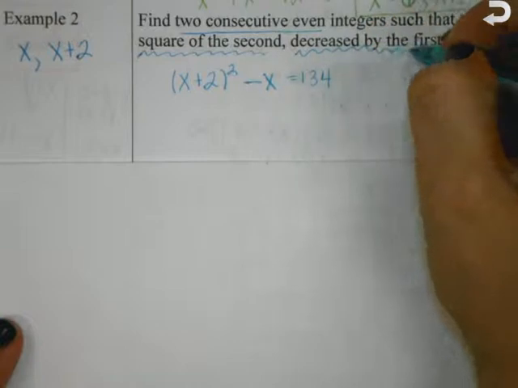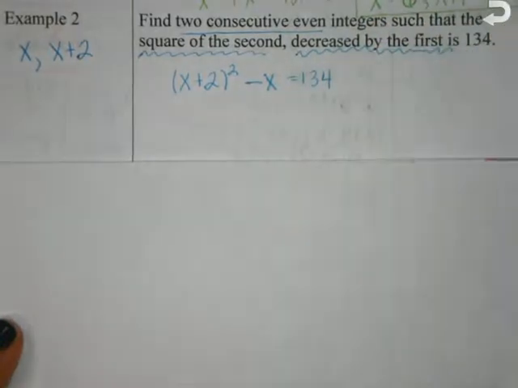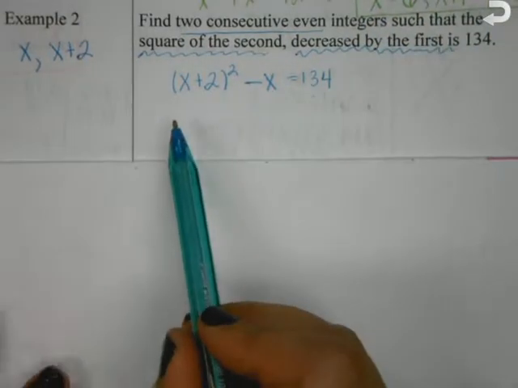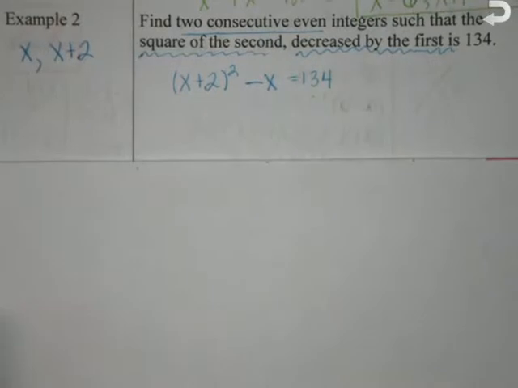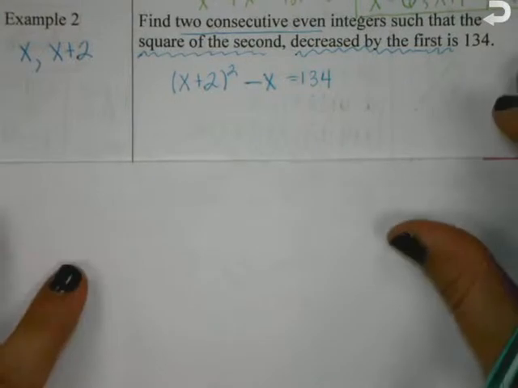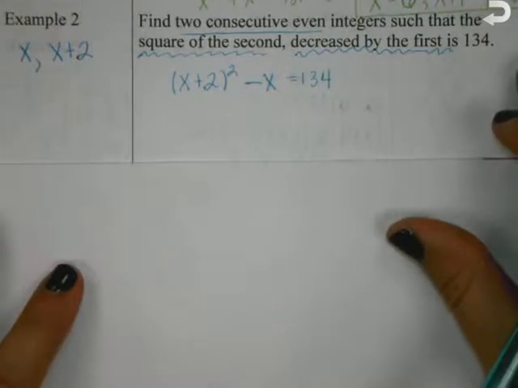How would I expand that problem? Can I distribute the exponent, or do I have to write it all out? You guys remember? We could do a equals x plus 2, yeah. I don't know if that would really help us much.